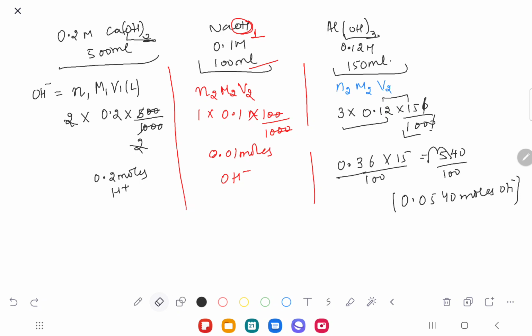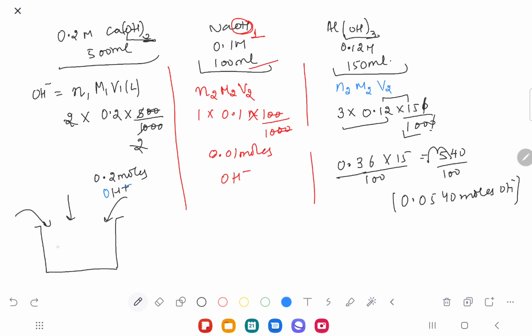Yes or no? Understood or not? So now make the beaker, and you know in your head that you're mixing the three bases.